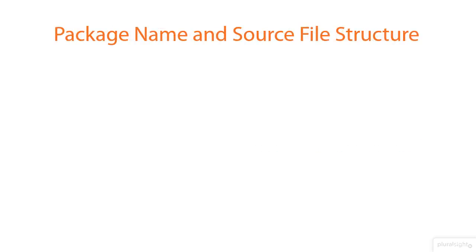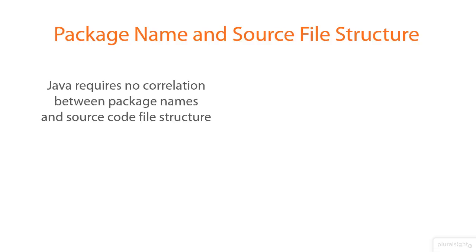Now, one of the most significant things that affects us about packages at this early point in talking about Java is that these package names actually affect the source file structure. What's interesting is that Java itself requires no correlation between your package names and your source code file structure. In other words, it doesn't care how the packages are named. It doesn't force you to position or structure your source files in any given way.